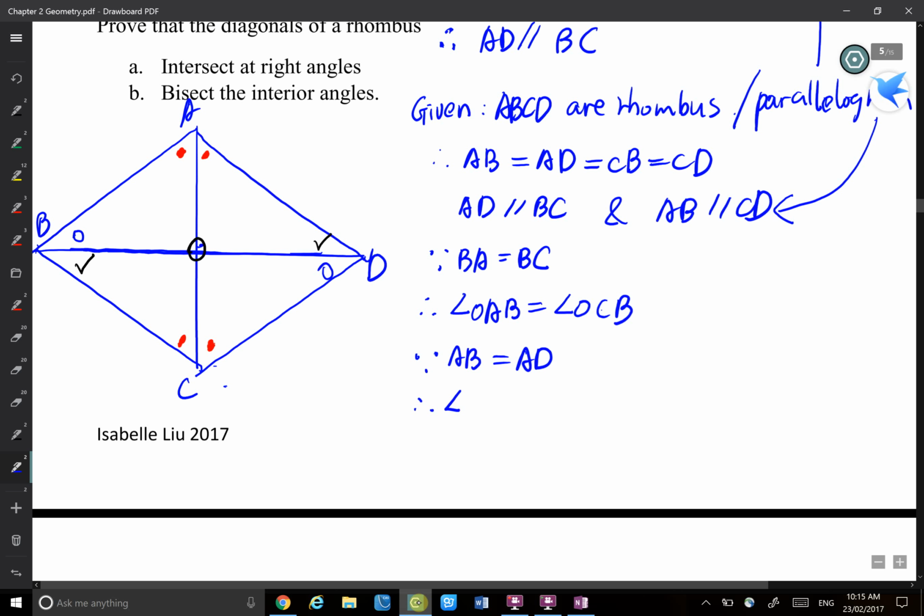So the angle ABO equals angle ADO. AB equals AD, so it is an isosceles triangle and those two must be equal. So they all become the black tick.